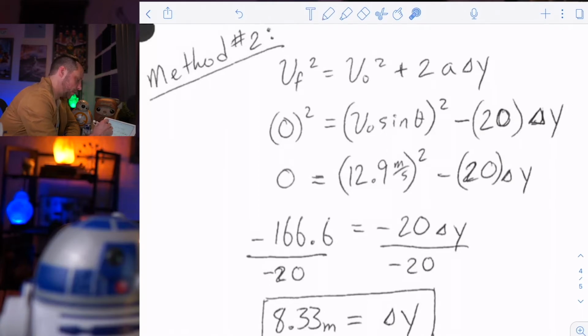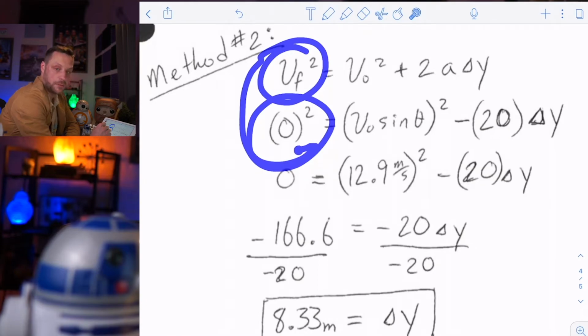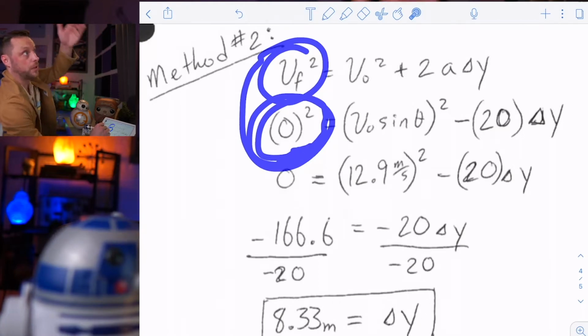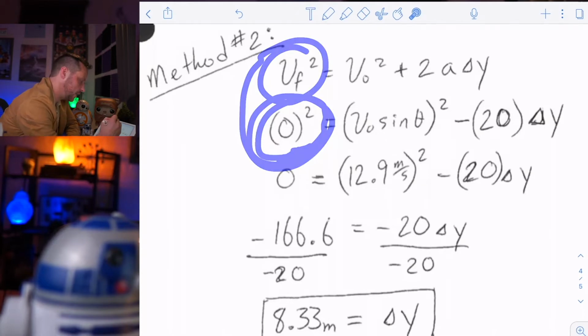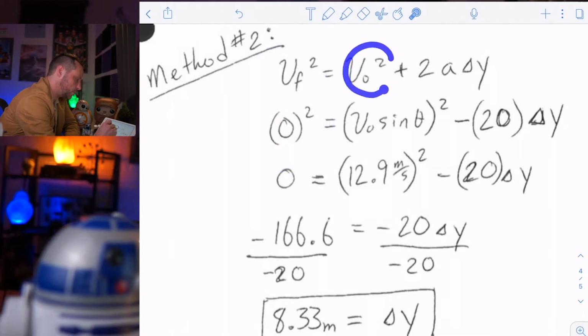So we're going to plug in our final velocity as 0 at the top of the maximum. You can do that for every projectile at its maximum height. Its final velocity will be 0 as long as it's just launched up and then coming back down. And then for our initial velocity, it was the launch velocity times sine of theta.